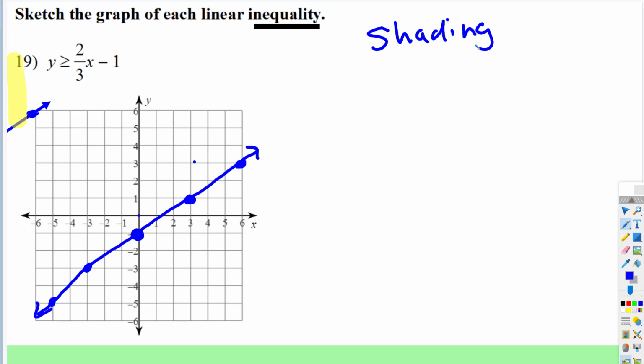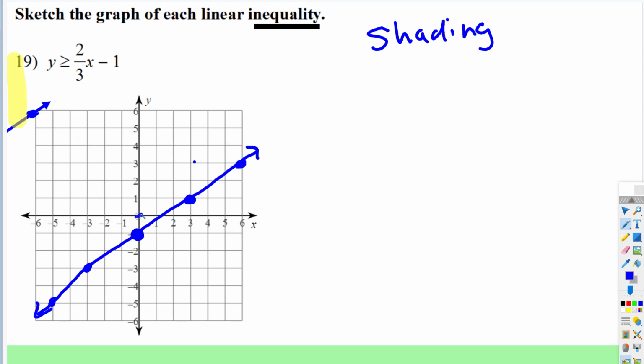And some teachers teach it that when you've got a linear inequality, you pick either side of the line and pick a point. So a lot of teachers pick 0, 0 and plug that into the equation to see if it makes the statement true.